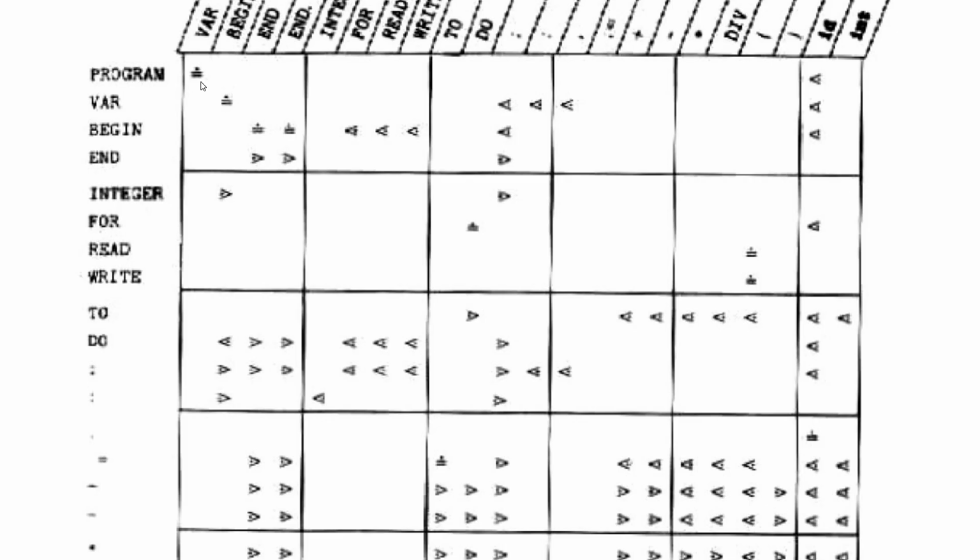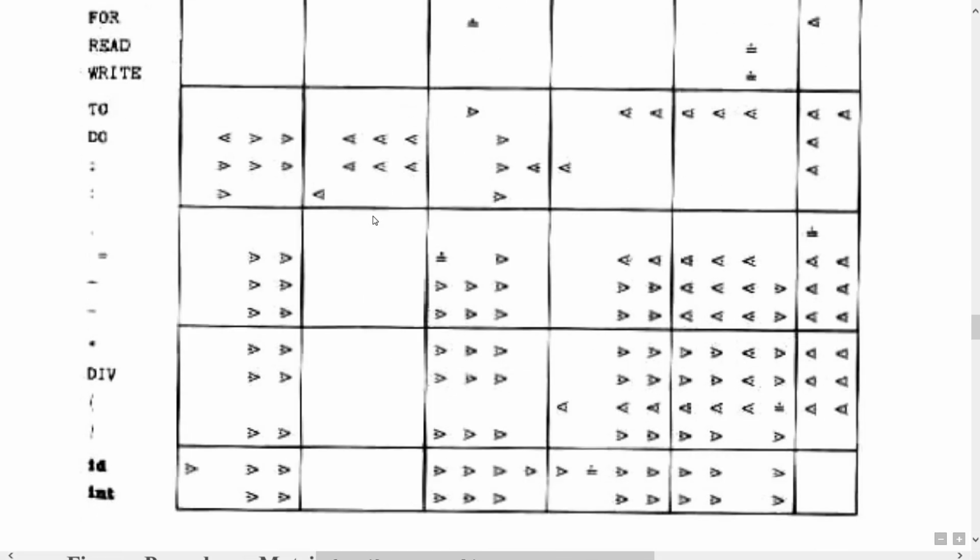Here, begin has lower relation compared to for. Suppose for with begin, there is no relation. In some cases there is no relation, meaning there is no way such a case can occur. If it appears, it is a grammatical mistake.